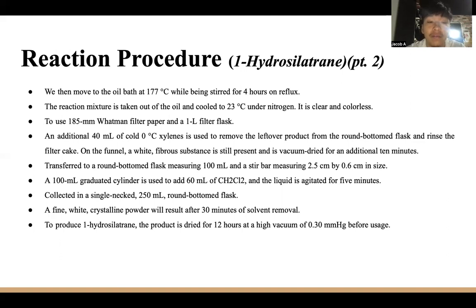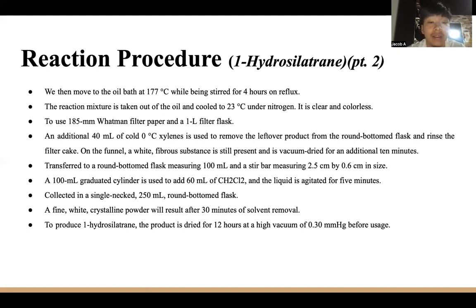It is transferred to a 100 milliliter round bottom flask with a stir bar measuring 2.5 centimeters by 0.6 centimeter. A 100 milliliter graduated cylinder is used to add 60 milliliters of CH2Cl2, and then the liquid is agitated for 5 minutes.